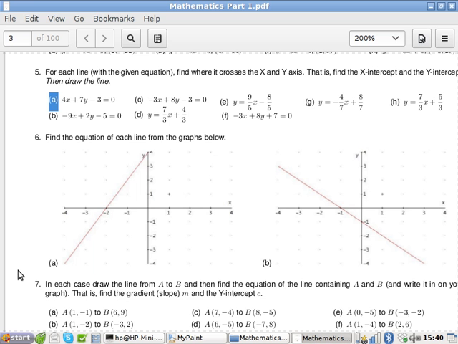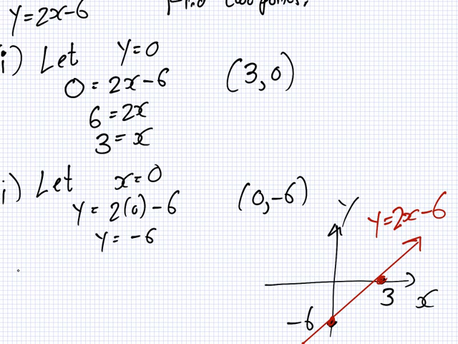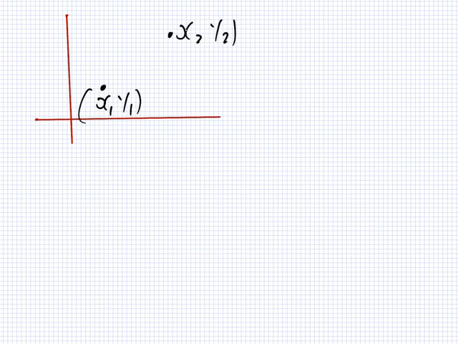I think we'll look at the next thing now, which is the opposite. If I give you 2 points, how do you find the line? So, for example, you're given 2 points, let's say (x1, y1) and (x2, y2), and we want to find the line.